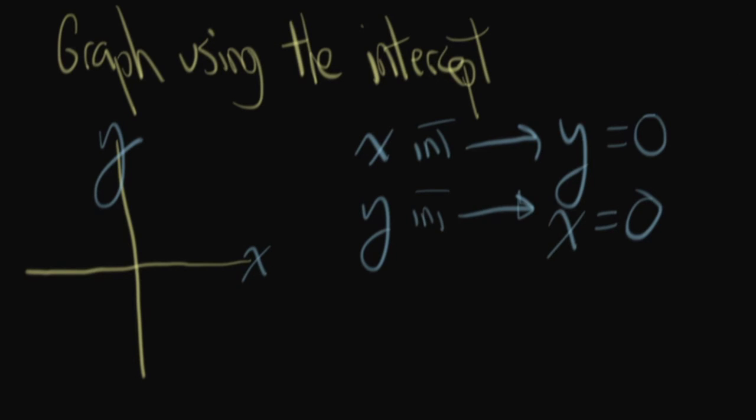So what does that look like? If y is 0, this would be x comma 0, and this would be 0 comma y. You'll see textbooks talk about it like that. So I basically want to know, where does it cross the x-axis? Where does it cross the y-axis?